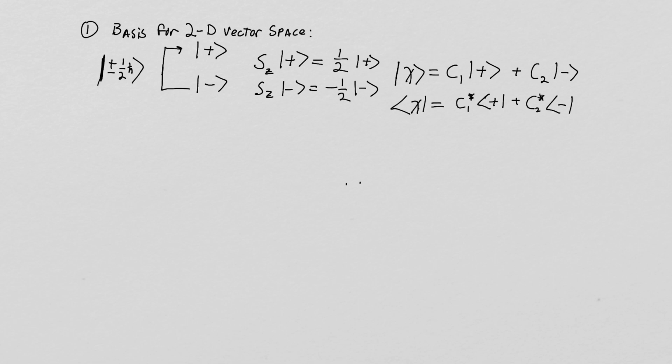So the bra associated with this ket comes down to us through the basic rule where the bras are bound to the kets through the inner product, and ergo, when we flip the bra, we get the complex conjugate of the components, and we get the corresponding bras to the kets of the state.